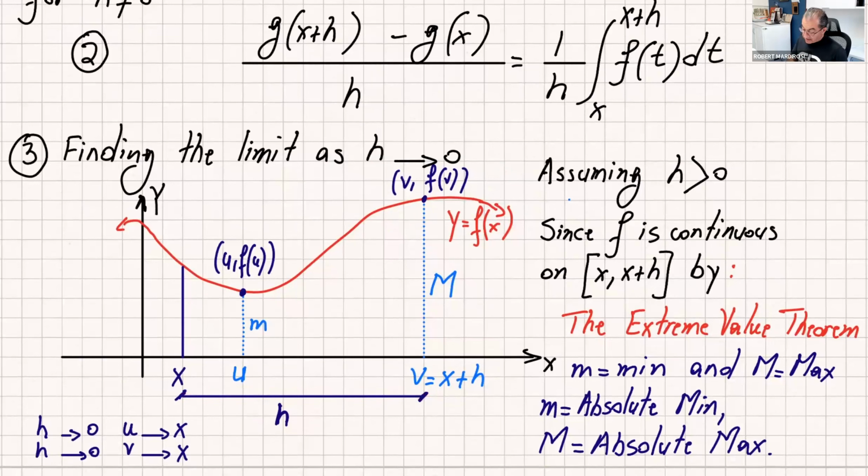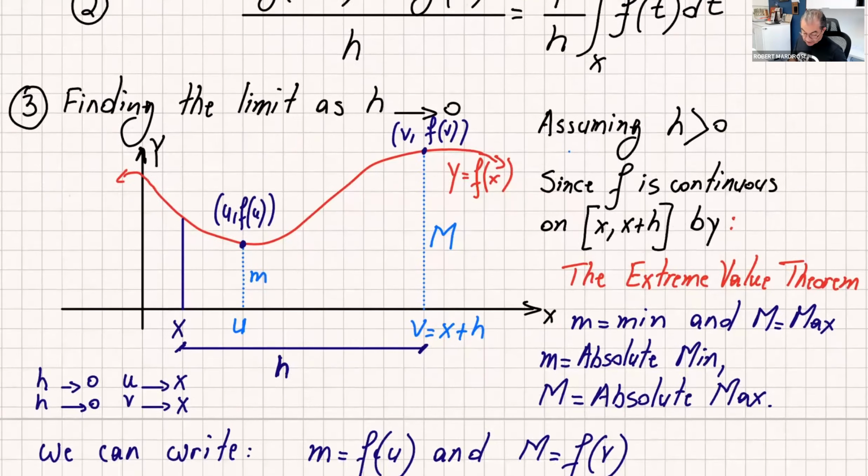By the extreme value theorem, when f is continuous, when we go from a point to another point, and when x varies, we're going to have in that interval an absolute min, which I called little m, and an absolute max, which I called big M.